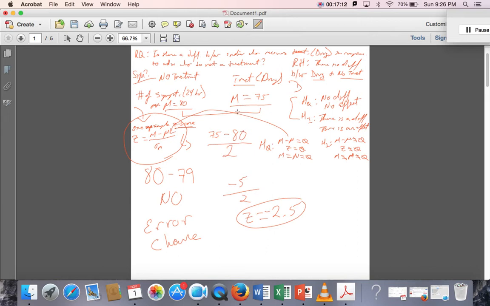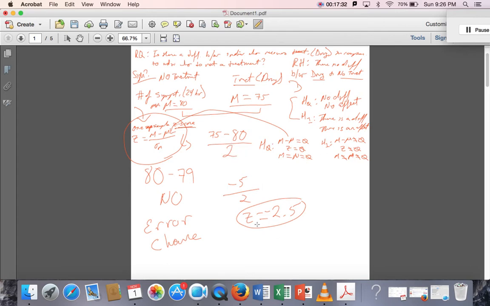Here we just interpret it as the distance of my sample mean to the population mean in terms of standard errors. So here, my sample mean is 2.5 standard errors below the population average of an 80, in terms of 2 standard errors in this particular case.